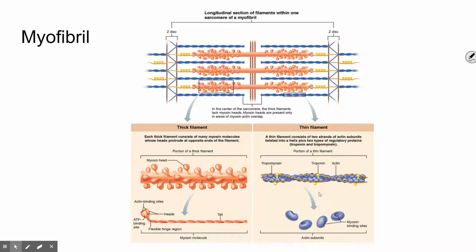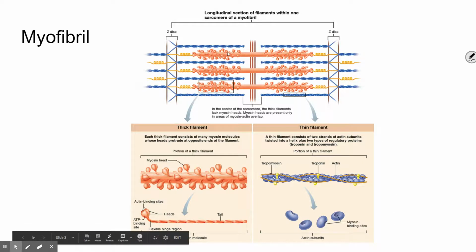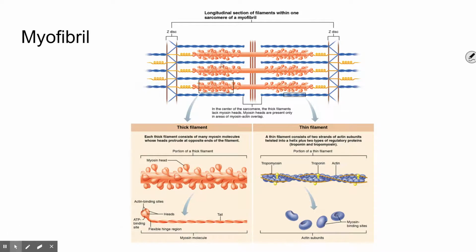This is a zoom in on this sarcomere. It's made up of two filaments, myosin, which is known as the thick filament, and actin, which is known as the thin filament. You can see here the actin overlap these myosin thick filaments, and they have these little heads on them. We call these the myosin heads.